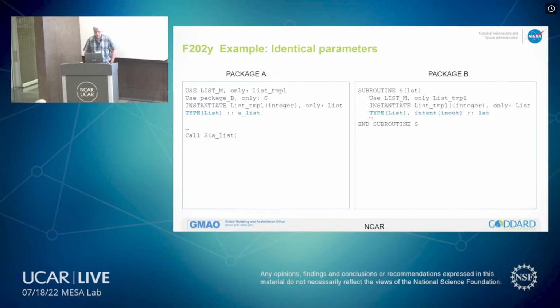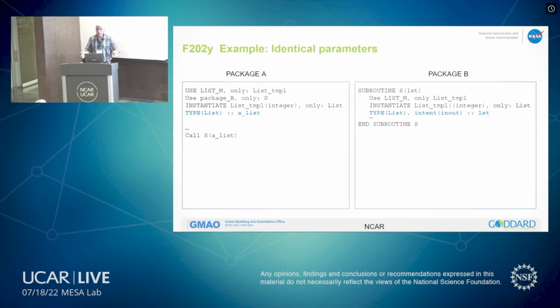Well, package B is doing a separate instantiation to get that list type, even if it's identical code. If this produced two different derived types, both called list, we would not be able to interoperate. So this requirement that identical parameters, in this case the integer in both cases, produce identical types allows packages to work in this ecosystem.